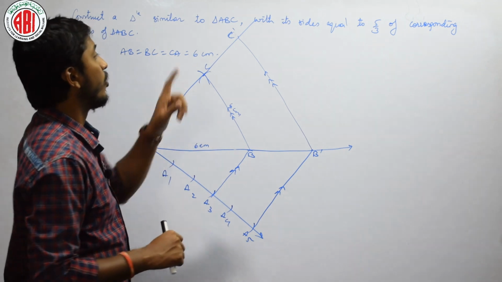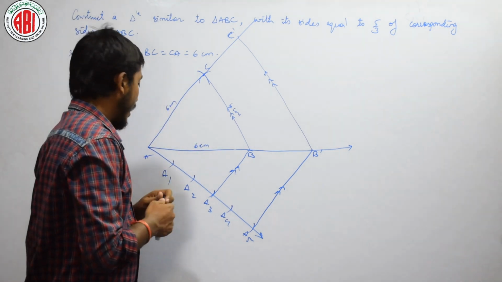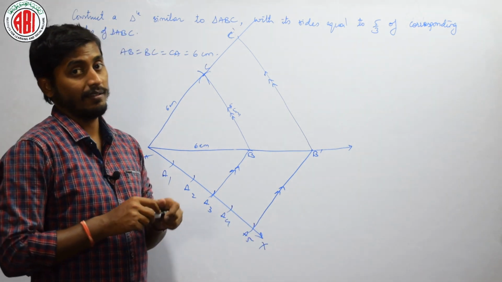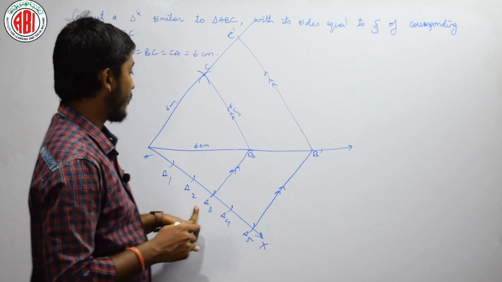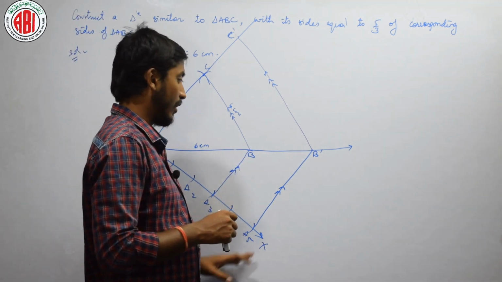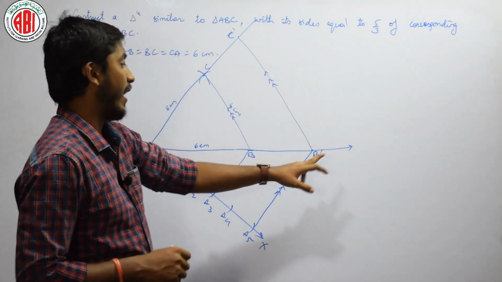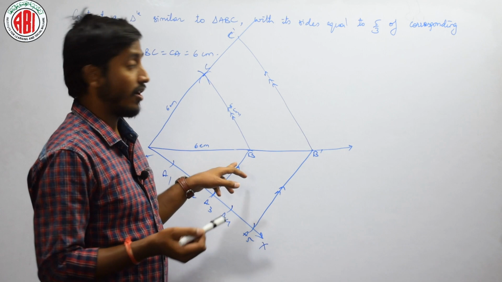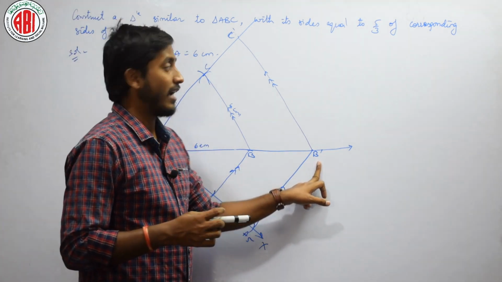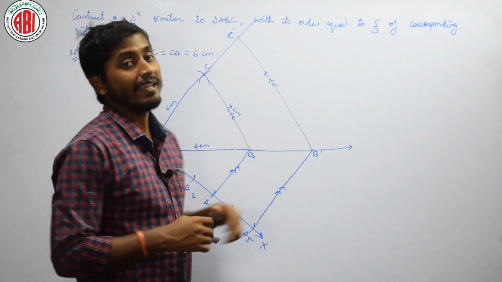The next step, to form a new triangle, let us draw a ray AX. Divide it into 5 parts, in which the third part let us join it with this. Fifth point, let us draw parallel to this, so that it joins this AB extension to form a point B dash, and again draw a parallel line so that you will get it as C dash.